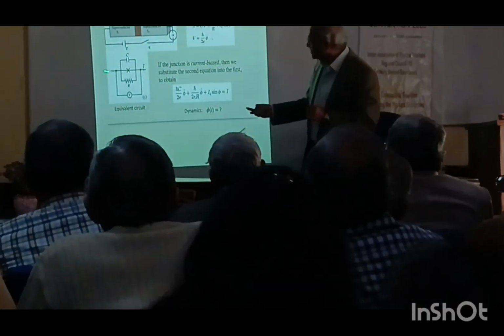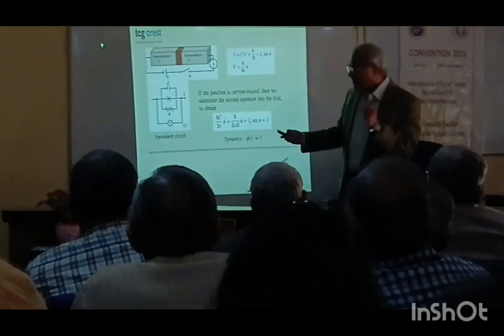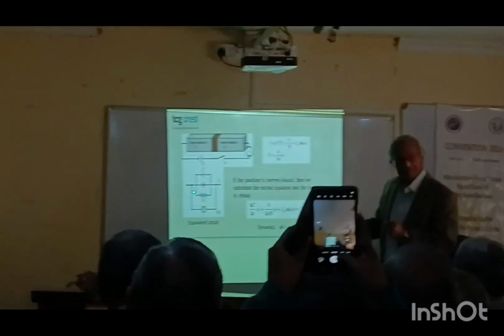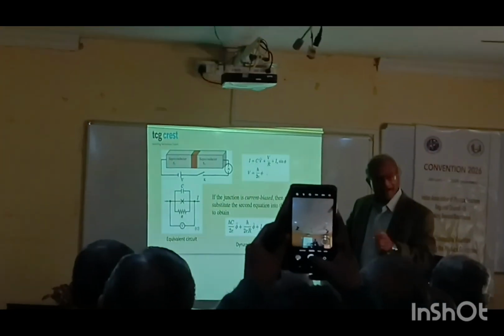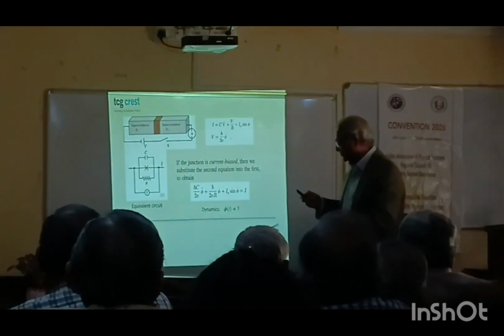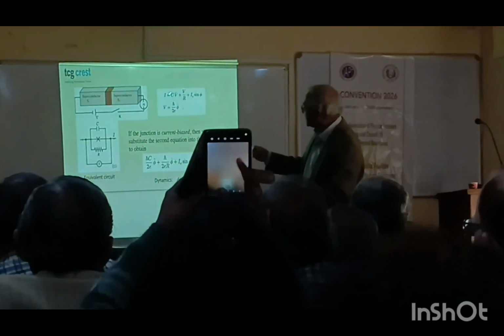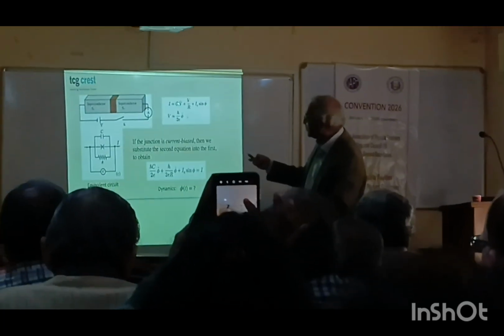So this current biased means I keep this current fixed, constant. Then this current will be divided into 3 channels, right? So I can write my equation: current equal to 3 components of currents on the right side. The left side is the current I am passing. Q equal to CV, right?